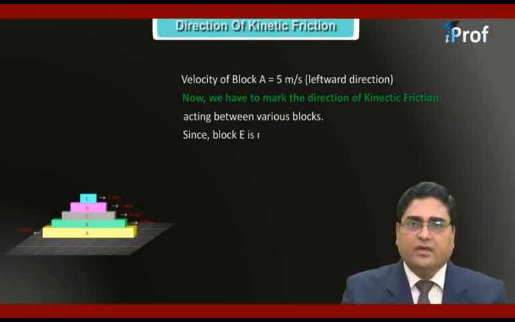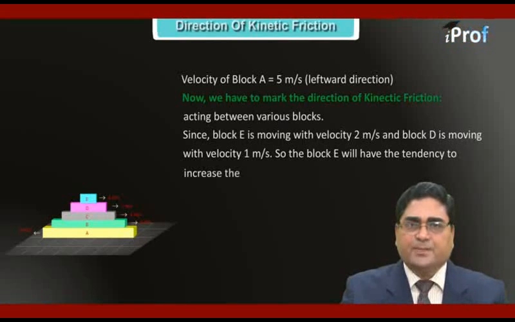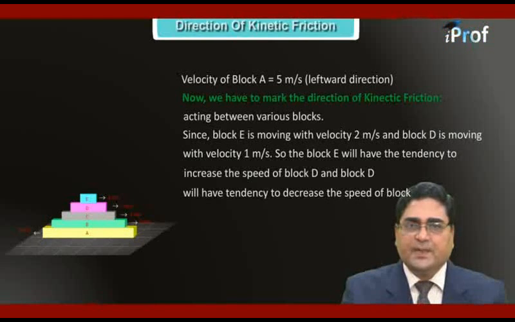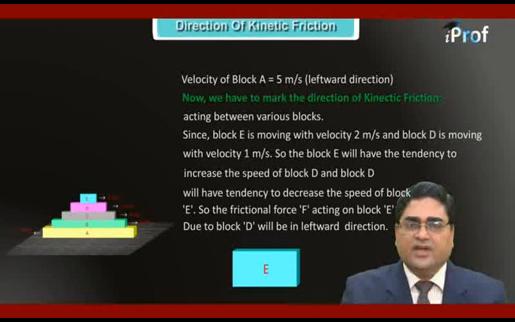Since block E is moving with velocity 2 meter per second and block D is moving with velocity 1 meter per second, the block E will have a tendency to increase the speed of block D and block D will have a tendency to decrease the speed of block E. So the frictional force acting on block E due to block D will be in leftward direction, shown as FED, frictional force on E due to D, because D will oppose the motion of block E.